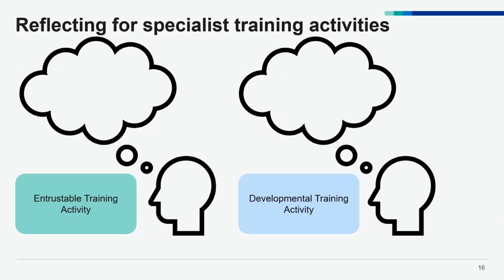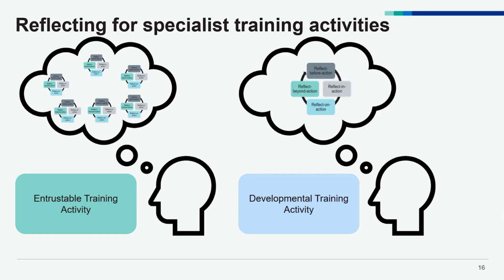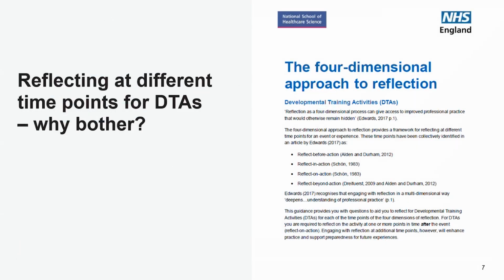So one very basic way to illustrate that is that you might find you have lots of engagement with that cycle for entrustable training activities. For the developmental training activities, you might only have one or two incidences of you doing that. And you might be saying in your head, yeah, but the assessment standards say I only have to really reflect once for the DTAs. So why bother engaging with the four-dimensional approach to reflection?